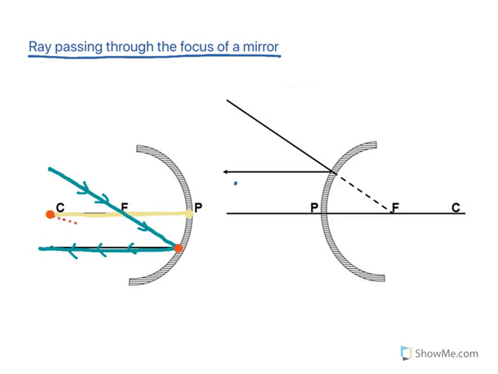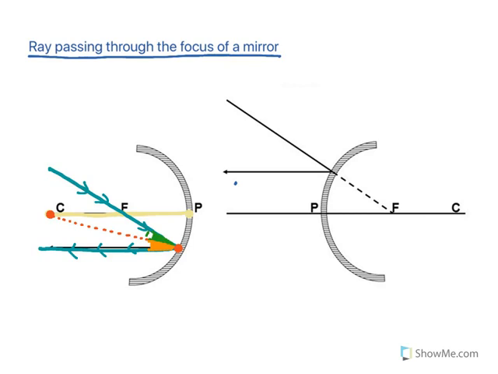The angle of incidence is the angle between the incident ray and the normal. So this is our angle of incidence. We put it as I. And the angle of reflection is the angle between the reflected ray and the normal. So this is the angle of reflection.